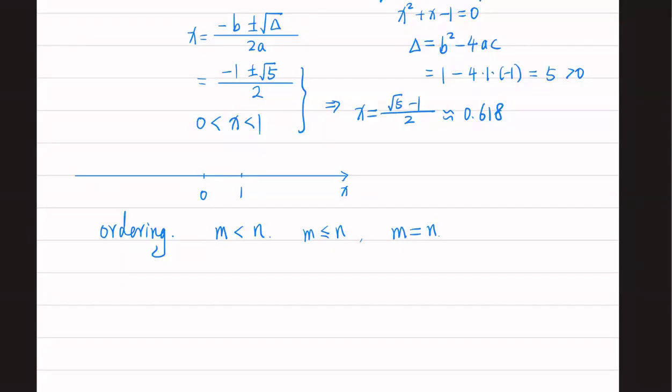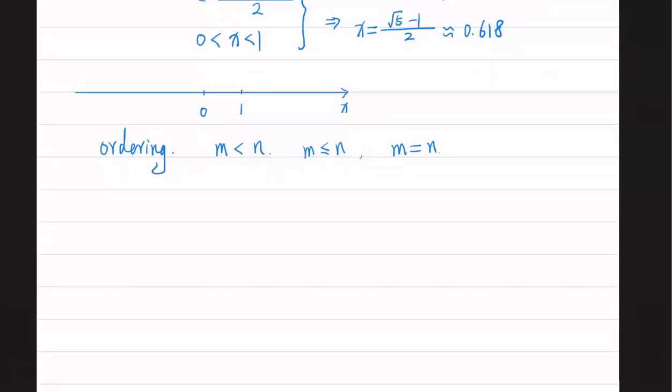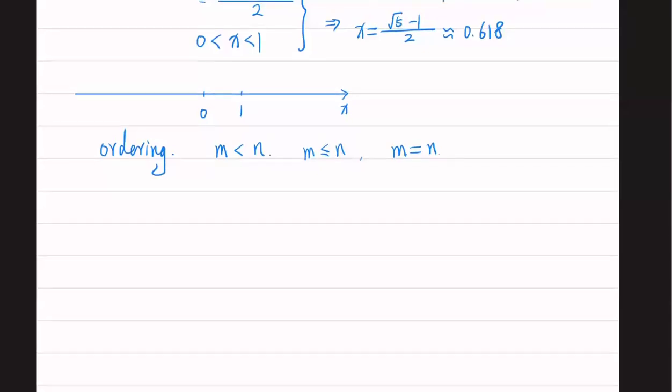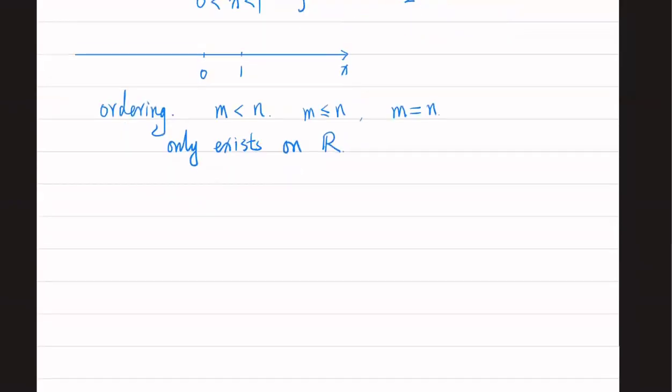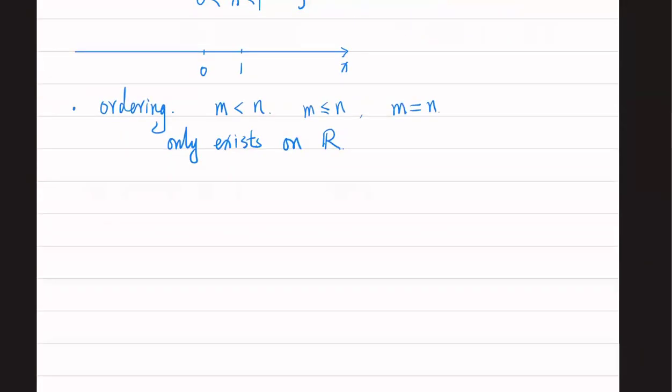One is bigger, one is smaller. You may say, okay, this is easy. We do this every day. But this is very special for this one-dimensional line. If we introduce a two-dimensional space, there's no ordering over there. So this only exists on the line. Okay. We'll emphasize this.